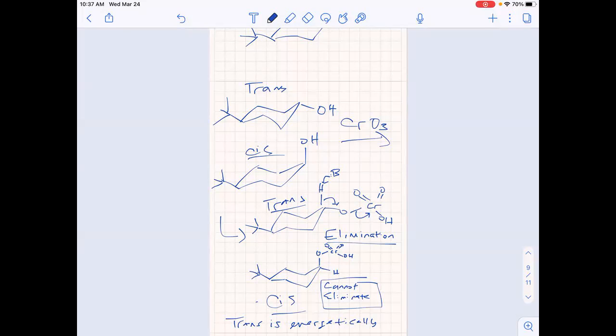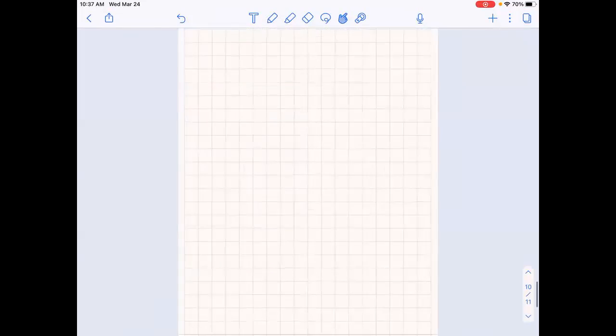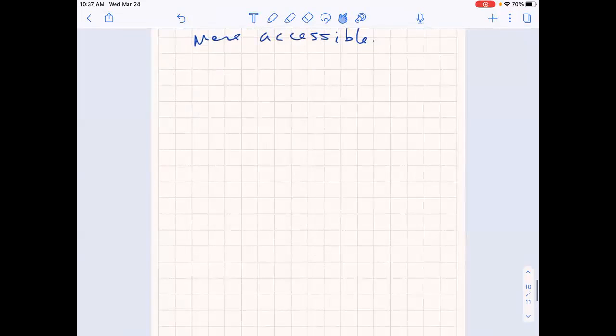We're going to go back and talk about conformational concepts dealing with alkenes, and then we'll be done with this section.